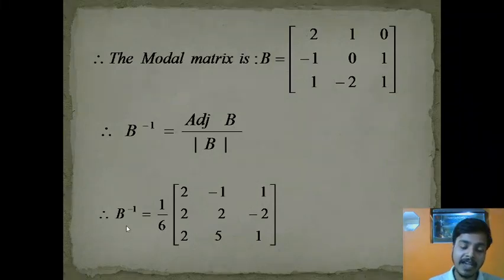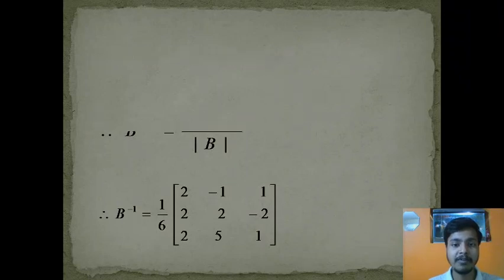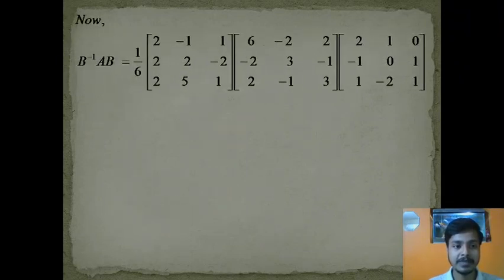Now we have B inverse, we have matrix A given, and B we have found out. So we are eligible to find B inverse AB. So here it is B inverse AB. We have substituted the values of B inverse, A and B. As I said, don't waste your time calculating this matrix multiplication. You can certainly write down the answer.